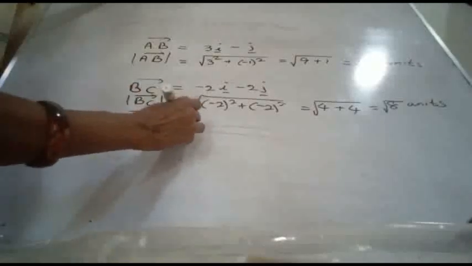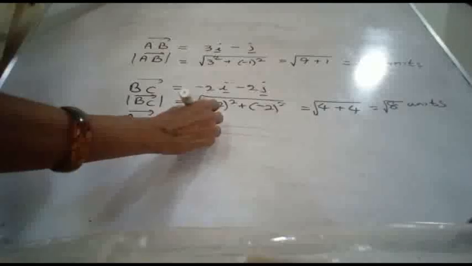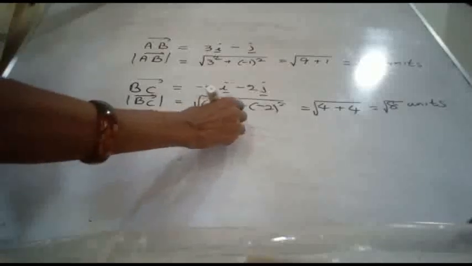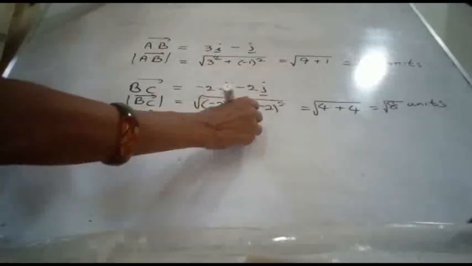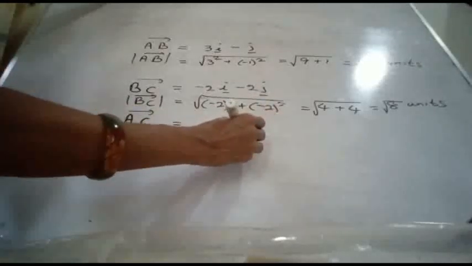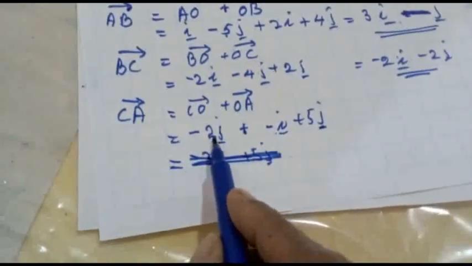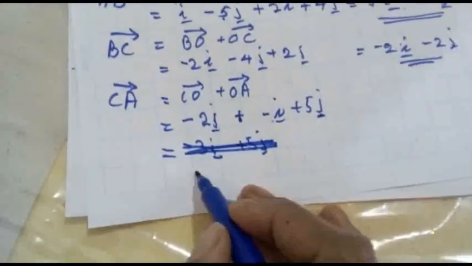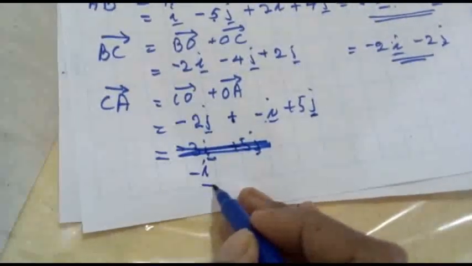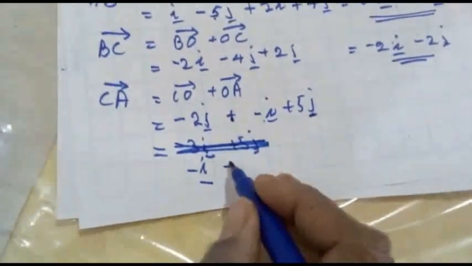Vector AC is equal to negative 3i plus 5j. Vector CA is equal to negative i, negative 2j plus 5j, positive 3j.